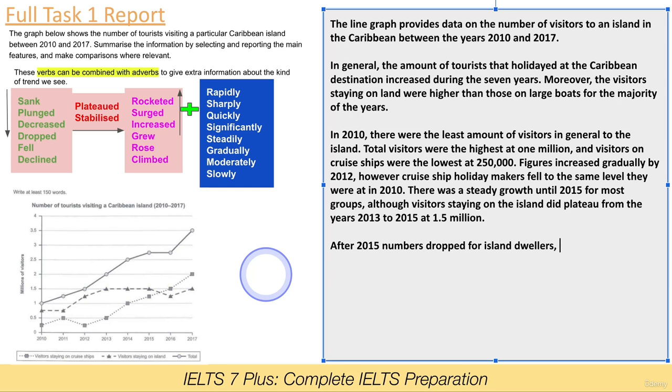And numbers dropped for island dwellers by 250,000. We don't always have to state the number exactly in a year. So by 2016, they dropped.